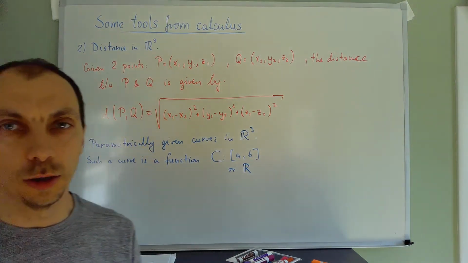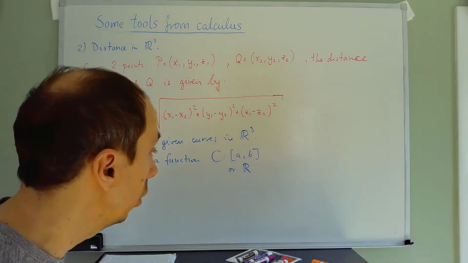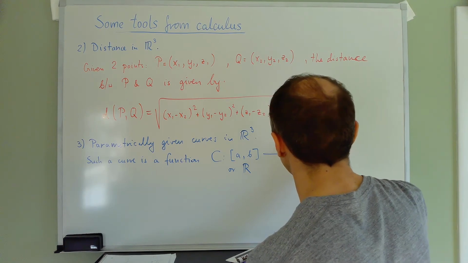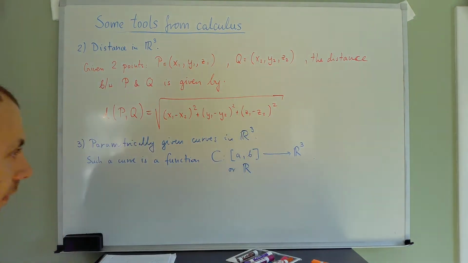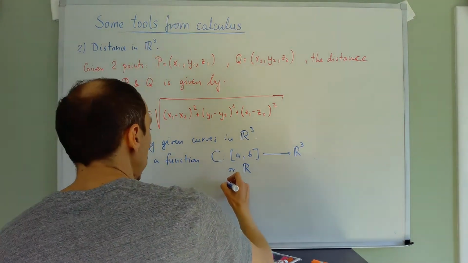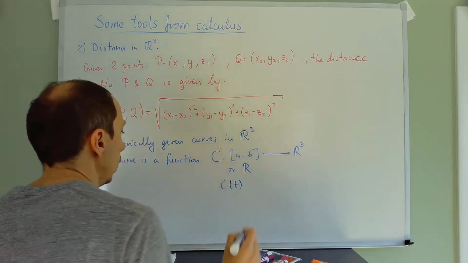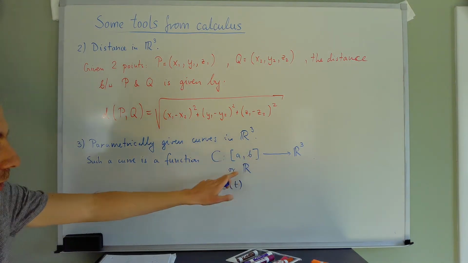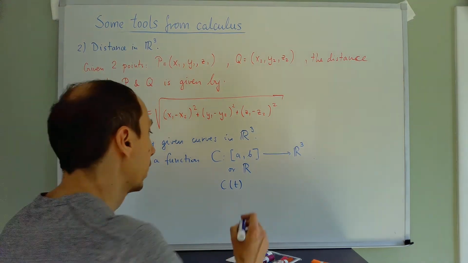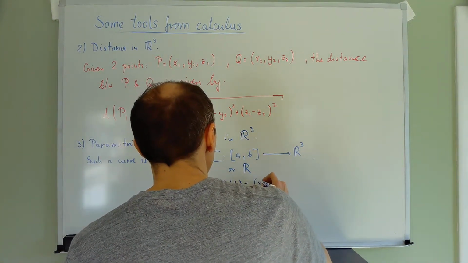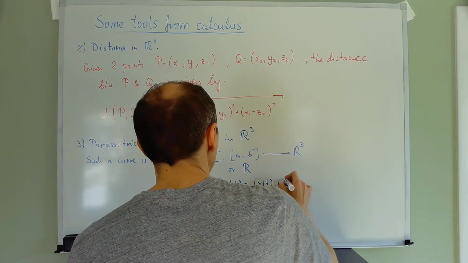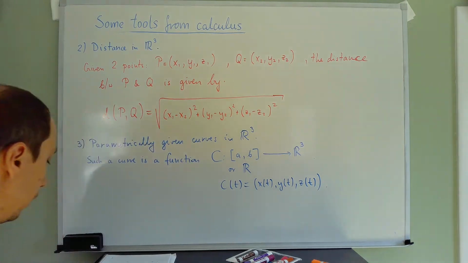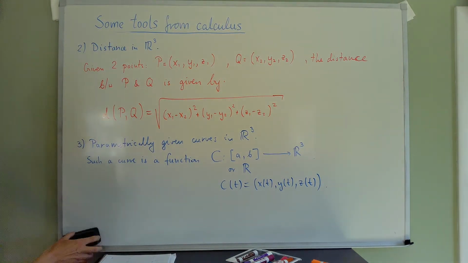The domain could be a closed interval or it could be the real numbers. Sometimes it could even be an open interval. So in other words, if the domain is the real numbers or an interval, then it has only one variable, which we denote by t. The output is three variables, x, y, and z, and they each depend on t. So let's look at some examples.